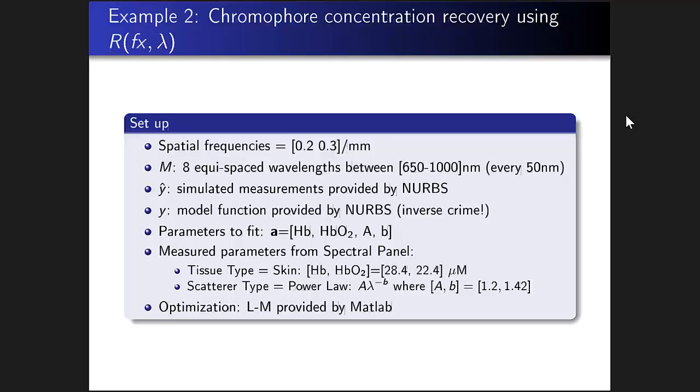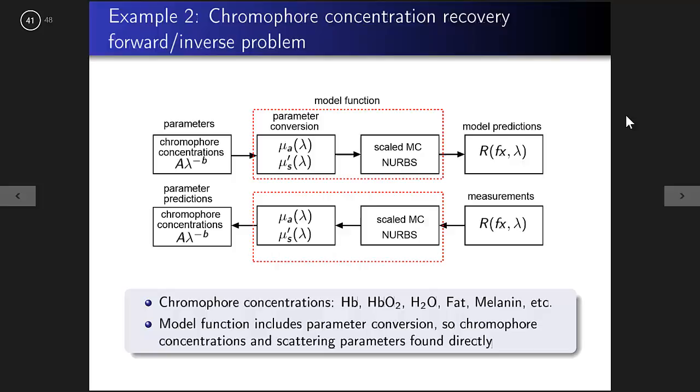And then I use Levenberg-Marquardt. Now, you're saying, gee, we were looking for mu A and mu S prime before, and now we're looking for these chromophore concentrations and A and B. How do you do that? Well, you just expand your model function. Now here are your parameters. From these, you determine your mu A as a function of wavelength, mu S prime as a function of wavelength, and then use your NURBS to do your model predictions and compare to your measurements.